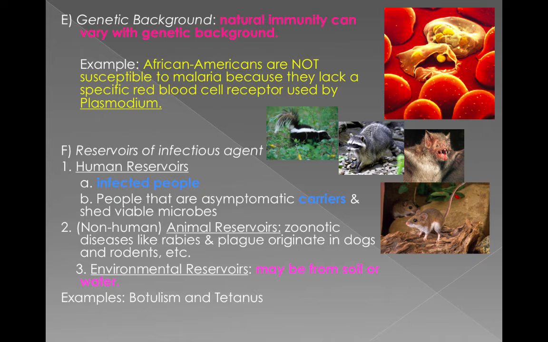Now, when you think about a population of people, obviously, where they live, their socioeconomic status, the population density, all of those things are going to be factors that might contribute to whether individuals are going to come in contact with animal reservoirs or with more environmental reservoirs.